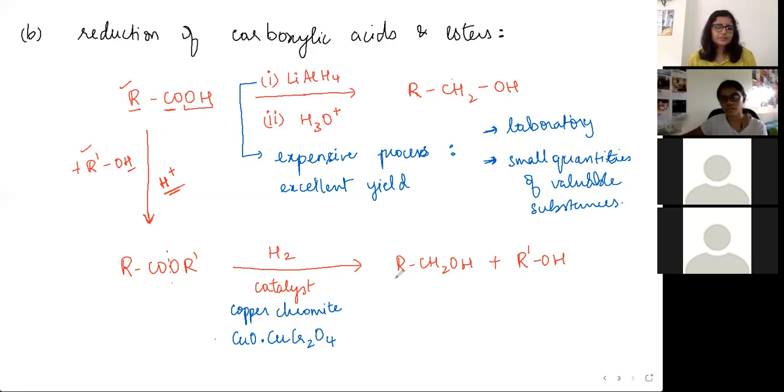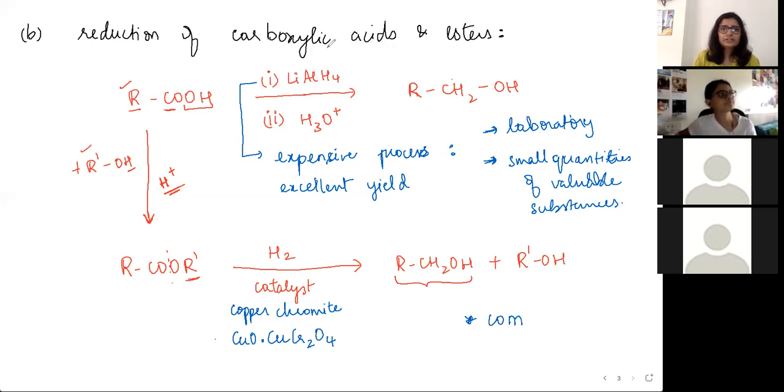Not necessarily. This part will definitely be a primary alcohol, as it is connected to the carbonyl part. But the other side of the ester depends on what your R' is. If this part is a secondary alcohol, then here you're going to get a secondary alcohol. So this is the commercial way of preparing alcohols from carboxylic acids.